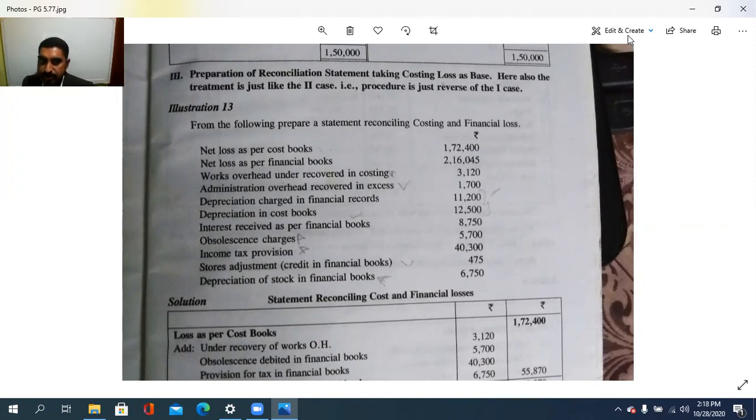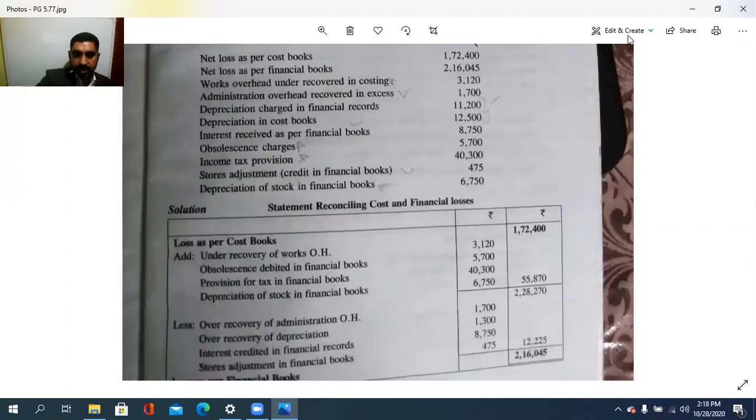Then interest received as per financial books, obsolescence charges, income tax provision, which are expenditure. Income tax is only in the financial books. Then stores adjustment credited in financial books and depreciation of stock in financial books.